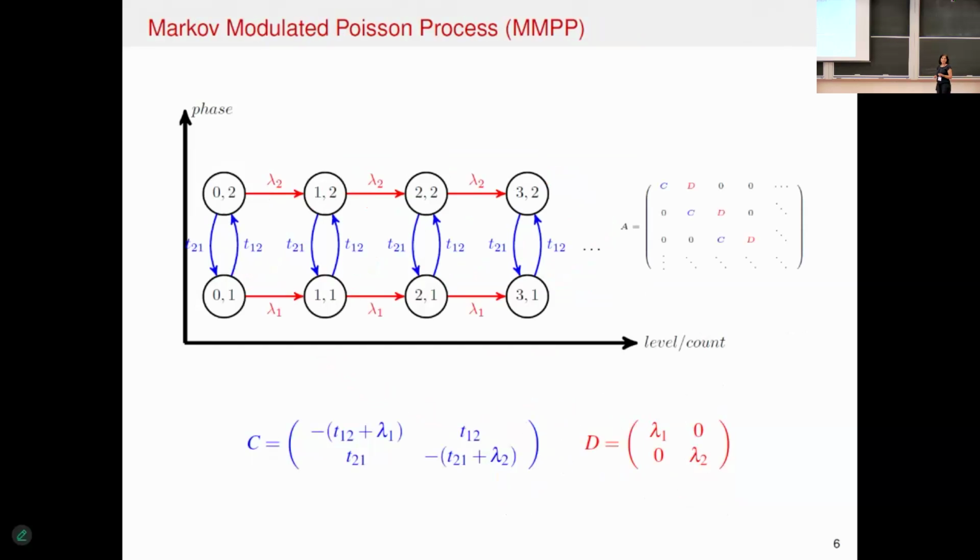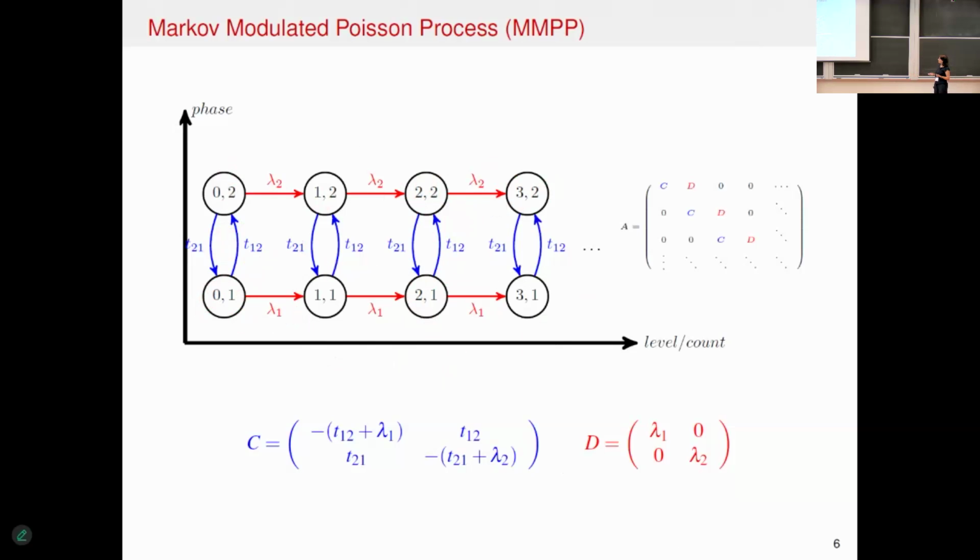One famous example is the Markov modulated Poisson process, which is a doubly stochastic Poisson process. Here again we have two phases, but in the general case, we have a finite number of Poisson processes. We have some transitions in the phase process, the blue ones here, and whenever the process is in phase 1, the arrival process is like a Poisson process with rate lambda 1, and whenever we are in phase 2, it's like a Poisson process with rate lambda 2.